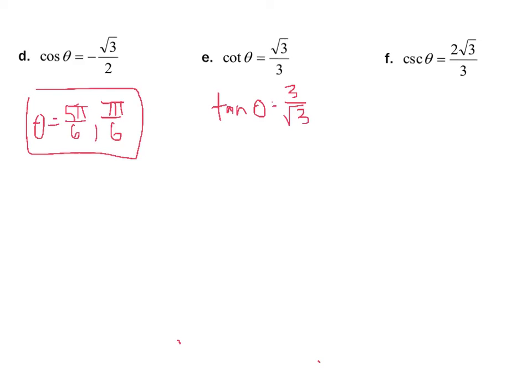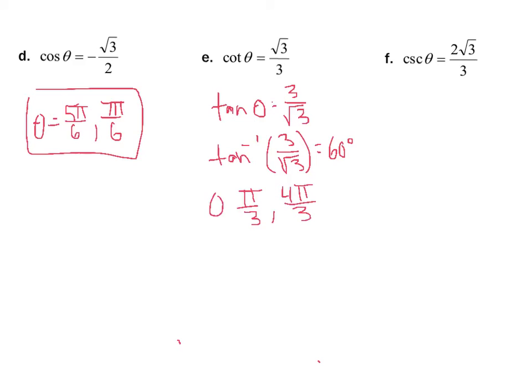If we enter that in our calculator, second tan of 3 over radical 3, we are going to get 60 degrees, which is pi over 3. I go diagonal to get my second answer since it's tangent, and you'll get 4 pi over 3.